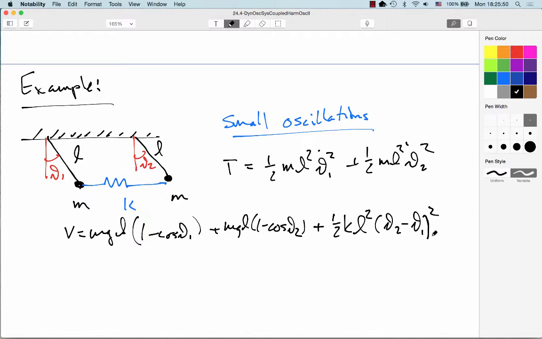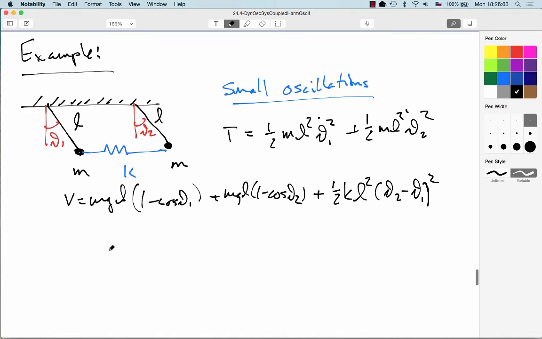All right, so we've already pinky sworn that this is a small oscillation in order to make this happen, so that we can say that this is still approximately horizontal. So while we're at it, we may as well go ahead and expand our cosines, right?